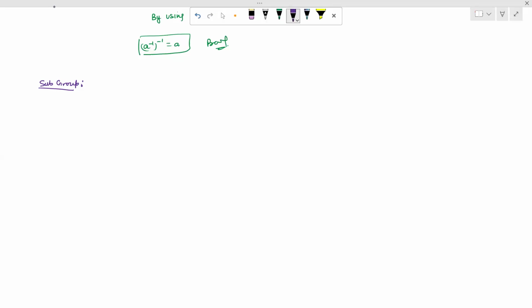So for talking about the subgroup, we define it as: let G be any group and H be any non-empty subset. Non-empty, that means it contains at least one element.